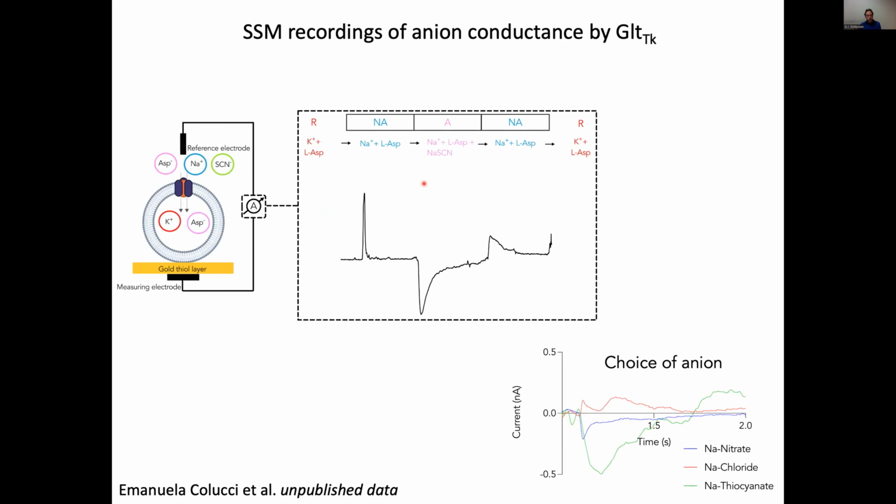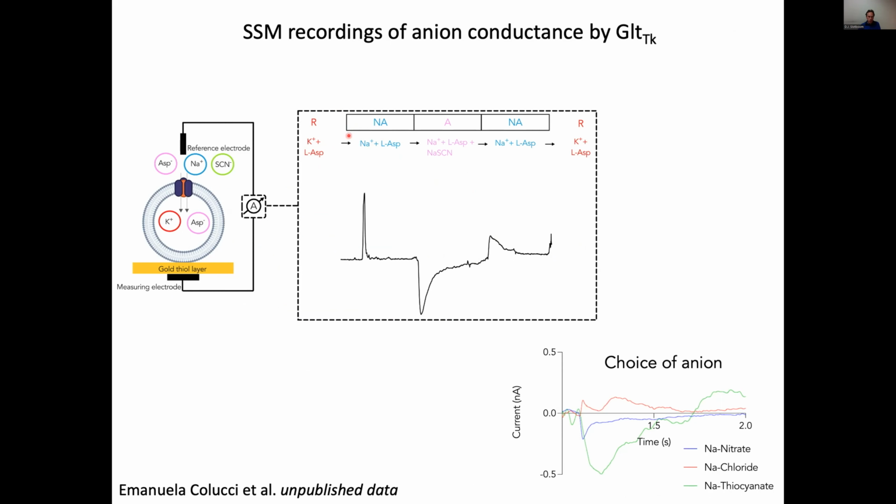Now then, we showed that in the absence of any of these permeant anions, we can actually measure the sodium coupled transport of aspartate. But now we also wondered, can we measure the anion current? And for that, we used a different protocol of measuring, again, a double exchange protocol.